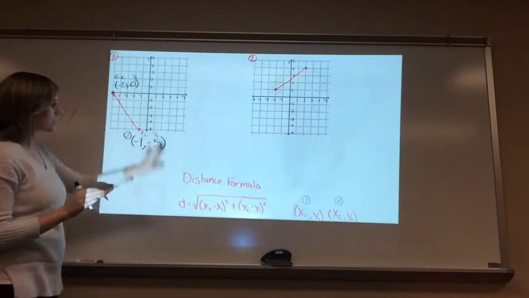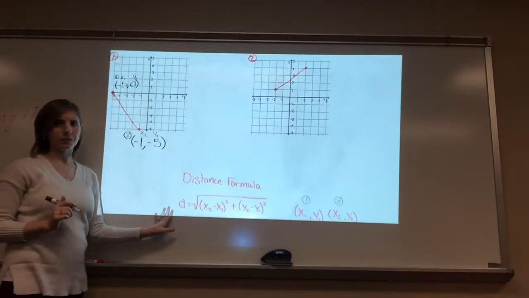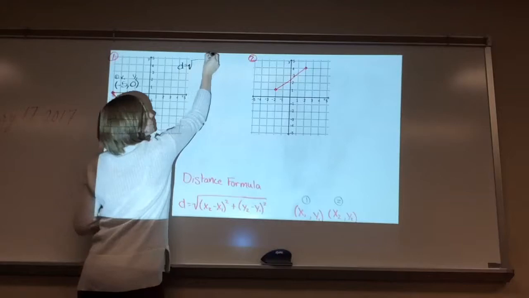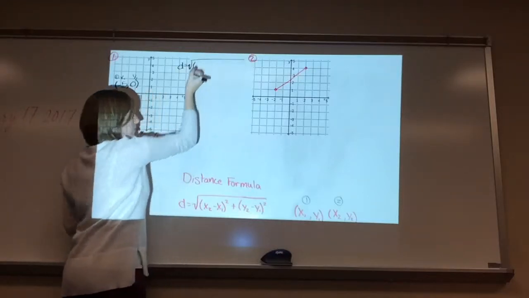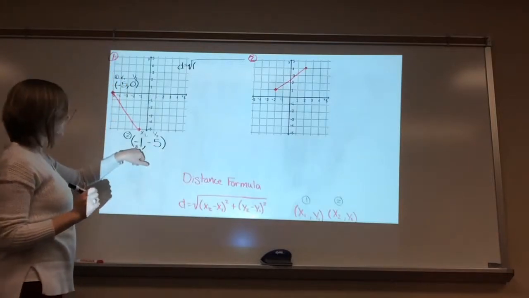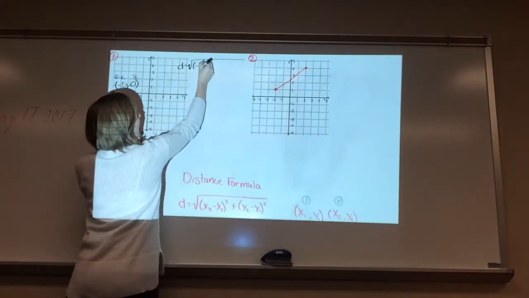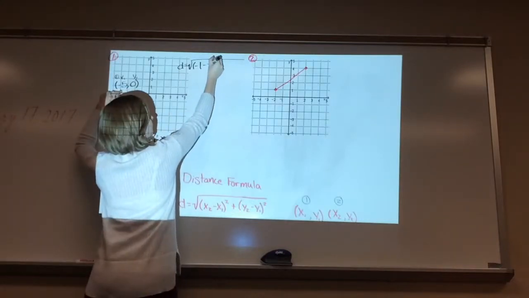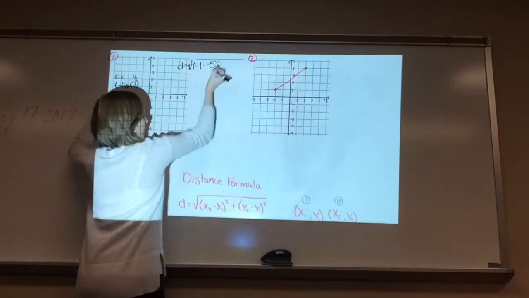Now that we have the coordinates, we can plug them into the distance formula. So we're going to have D equals the square root of, and then in parentheses, x2 minus x1. Well, my x2 is -1, and we're subtracting from that x1, which is -5. We're going to have to square that.